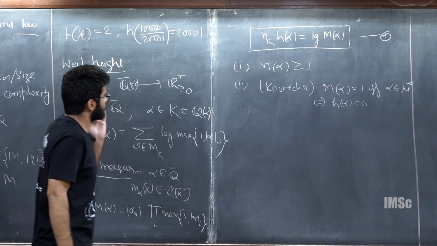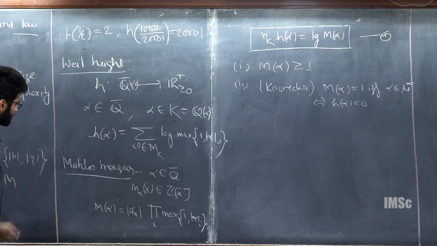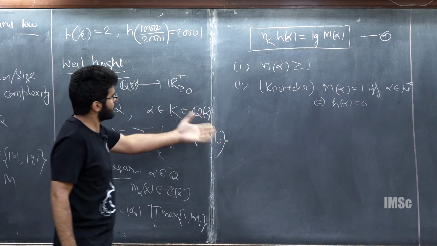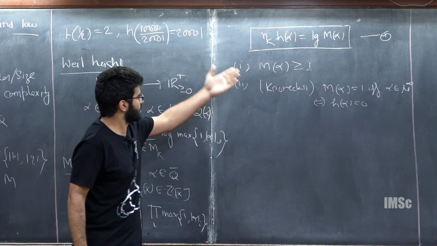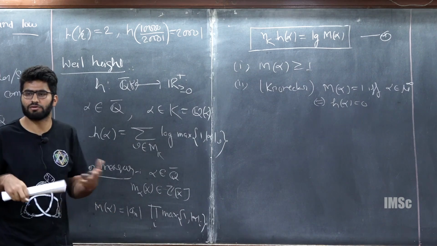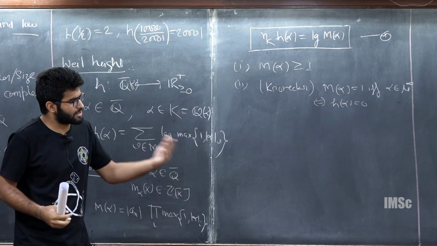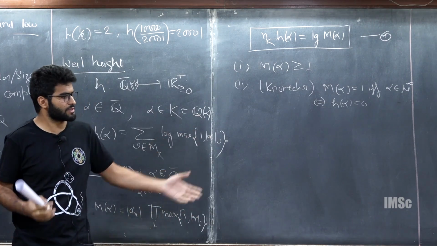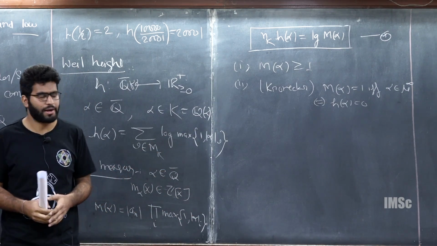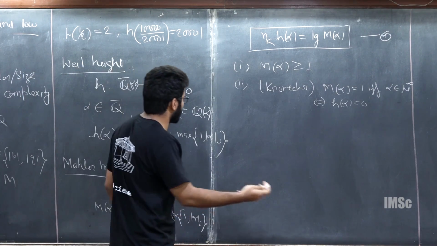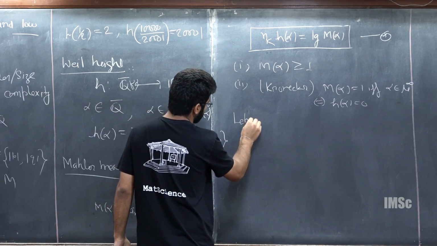Once we have this setup, Lehmer asks this question. We know that M(alpha) is 1 whenever alpha is a root of unity, but he asks, can we get an algebraic number whose Mahler measure is very close to 1? After some computation, he made this conjecture, which is known as Lehmer's conjecture.